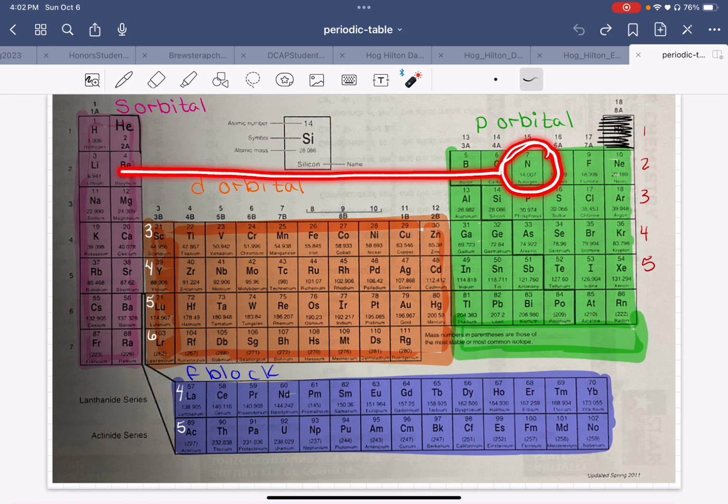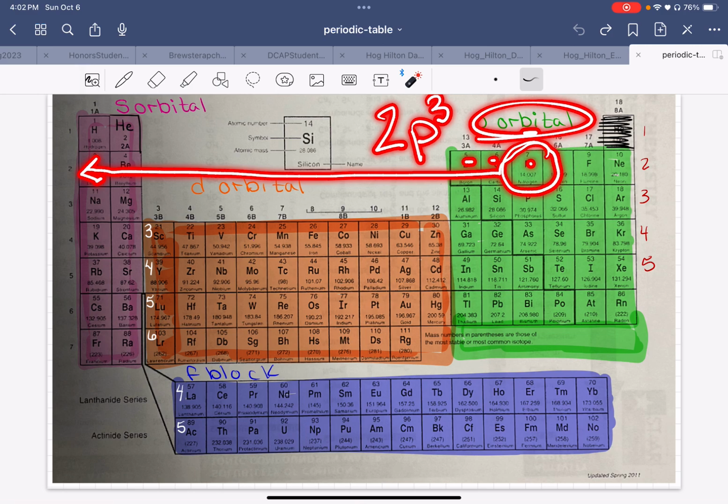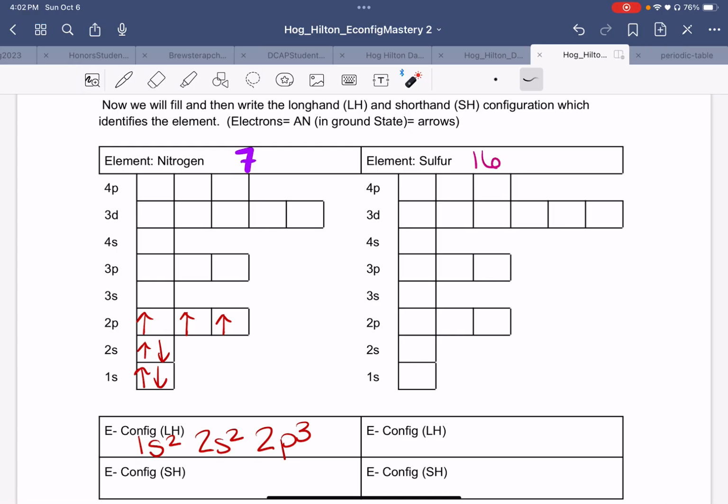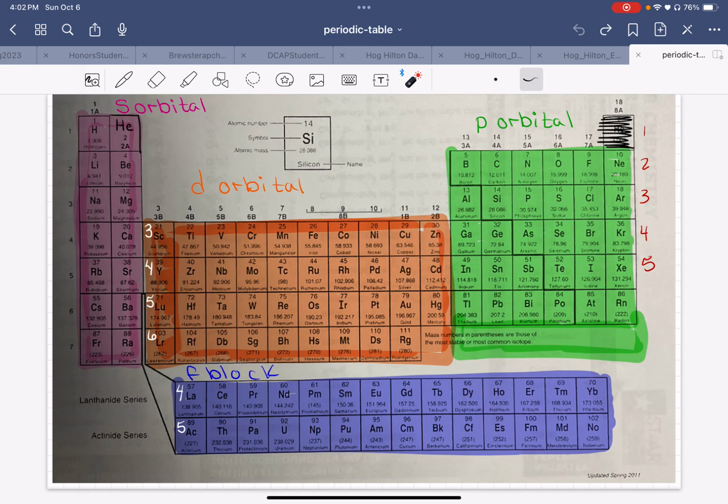But I want to go over here first. It's on row 2. It's in the P block, and 1, 2, 3. 2p3. So my last room to fill should be 2p3. And that's what I have. 2p3.